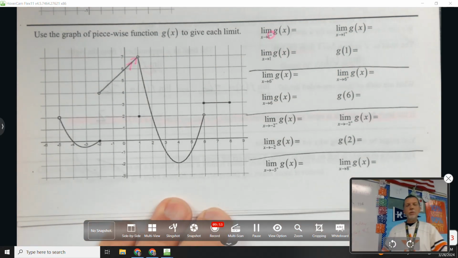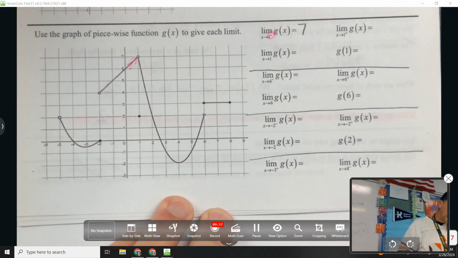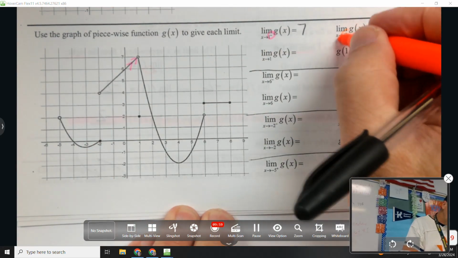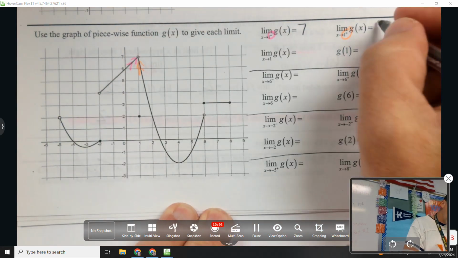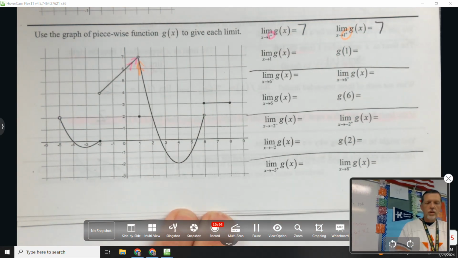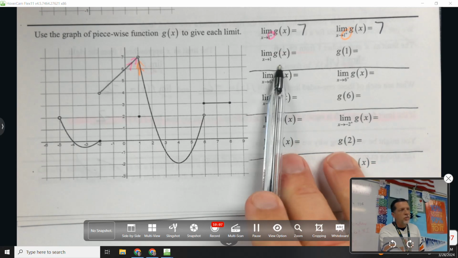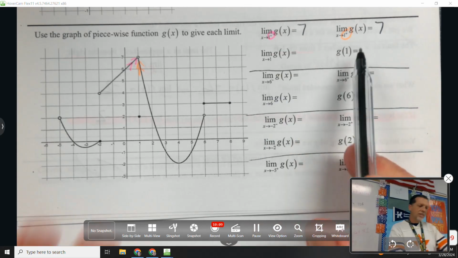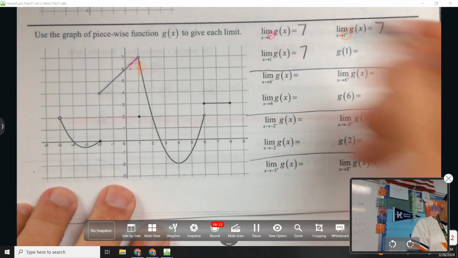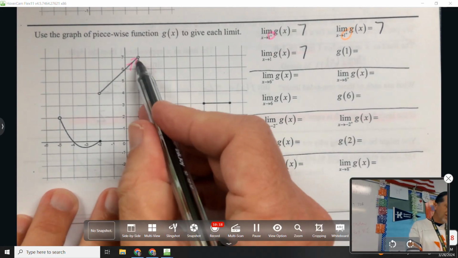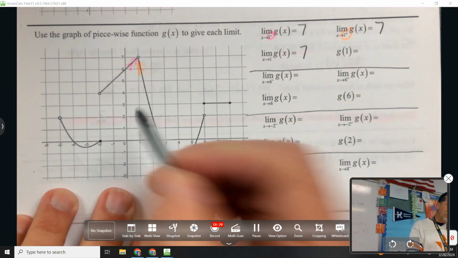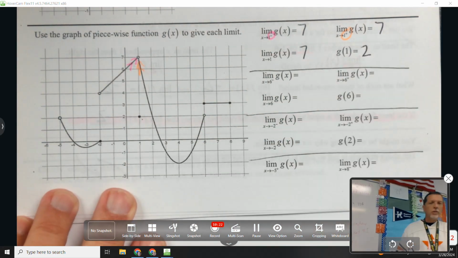What are we headed toward? 7. How about from the right? Also 7. So what's the overall limit as x approaches 1? 7. And g of 1 equals? Well, look carefully. There's a hole at 7, but there's a dot at 2. So g of 1 equals 2.